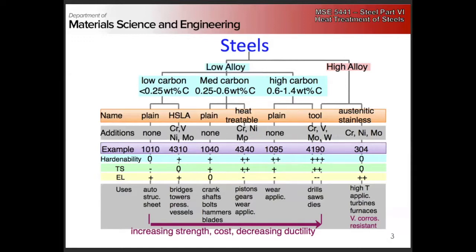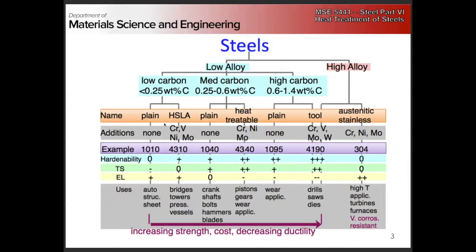And then we have the low alloy steels, which if they're low carbon tend to be called HSLA, or high strength low alloy. Medium carbon low alloy steels tend to be called heat treatable steels. And then low alloy high carbon steels generally fall into the category of what we would call tool steels. All right, so this is just sort of nomenclature.